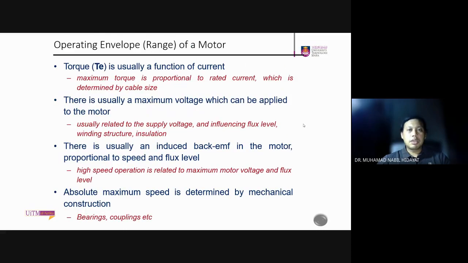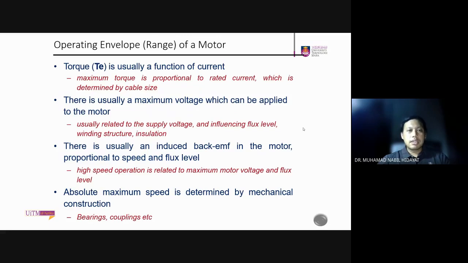So let's discuss the operating range of a motor. Torque developed is usually a function of current, and your maximum torque is proportional to the rated current, which is determined by the cable size.